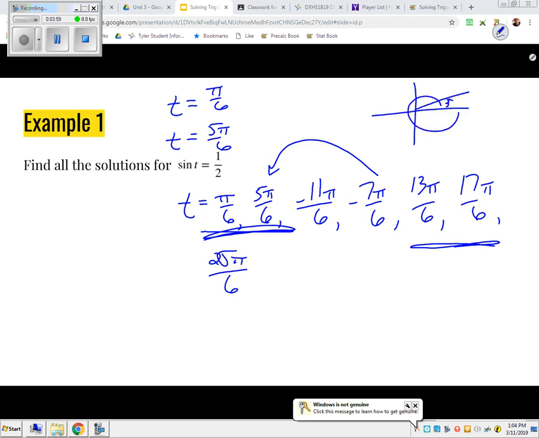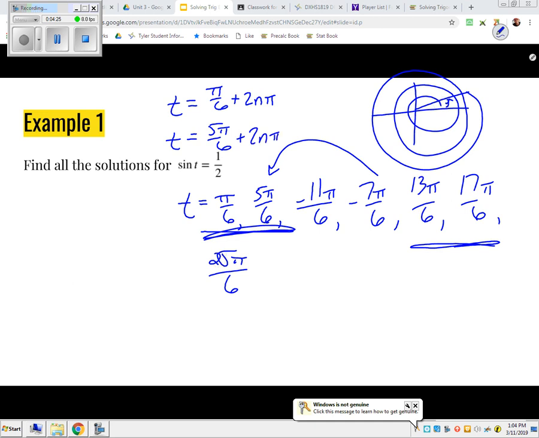But every time you go around, that's an answer, right? So what you're going to tell me is you're just going to say plus 2n pi, where n is just a number. So I could plug in 1 into that, and I could add 2 pi. I could plug in 2 in for n, and I'm adding 4 pi. I'm just adding those revolutions all the way around. All right, and just do it for both of them.